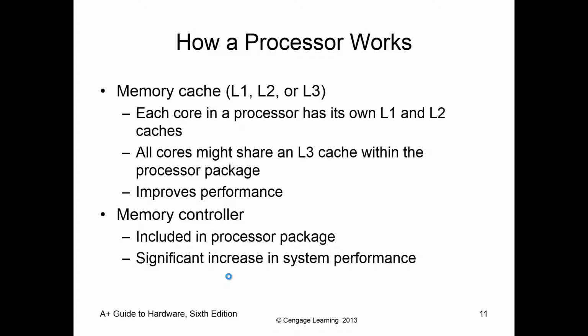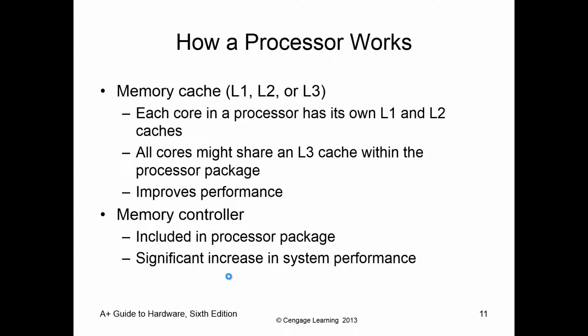So now let's talk a little bit more in depth about the memory, or the temporary storage, for the processor. Typically it comes in three different types: L1, L2, and L3. Essentially, the registers are quick and fast. They're the fastest memory. Next is L1, then L2, then L3.